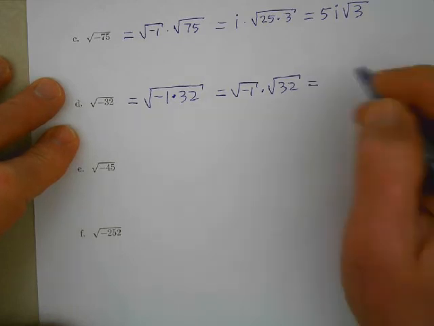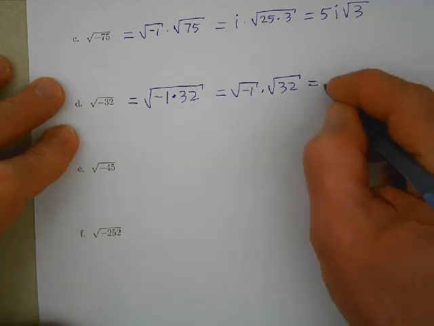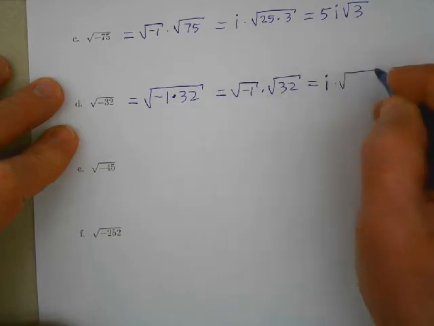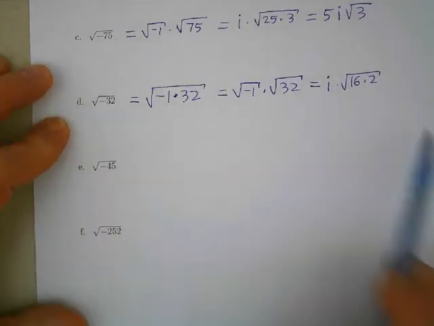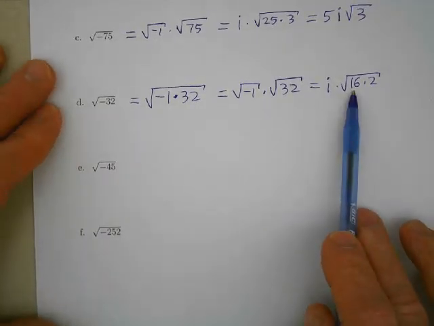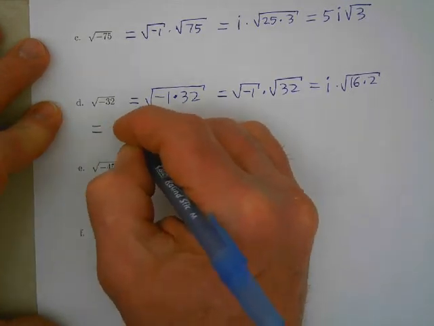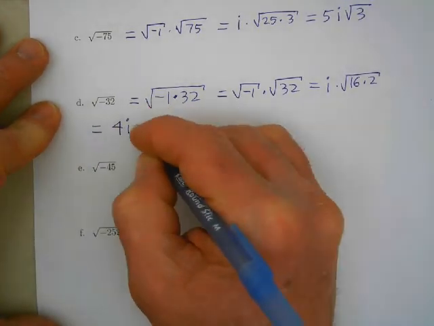So in this next step, I'll replace the square root of negative 1 with i, and rewrite the square root of 32 as the square root of 16 times 2. And the square root of 16 is 4, so we can write this as 4 times i times the square root of 2.